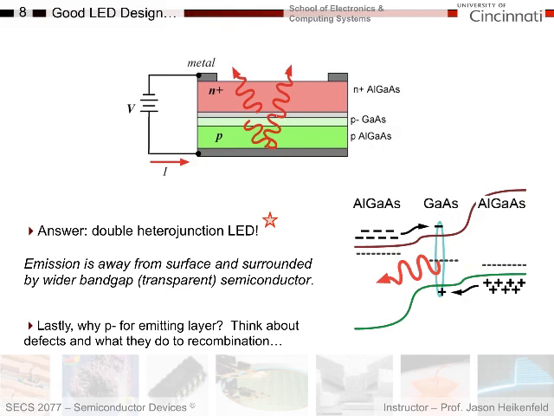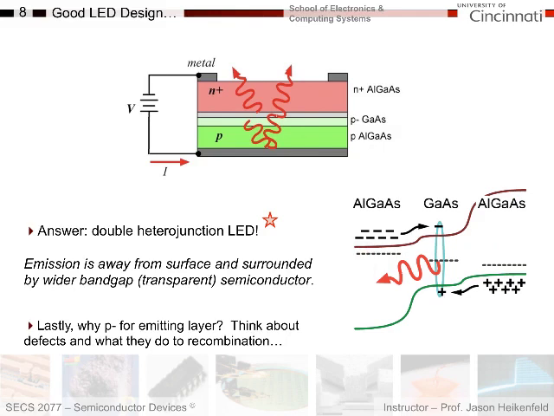First off, the light emission coming out of this layer here can easily get through the N and P type materials around it because they're wider band gap. This photon has energy for this band gap, which is not enough to be absorbed by this semiconductor here or this semiconductor here. So my issues with absorption in the P and N type regions outside of the emitting area have been resolved.